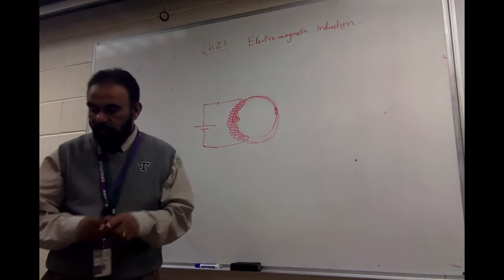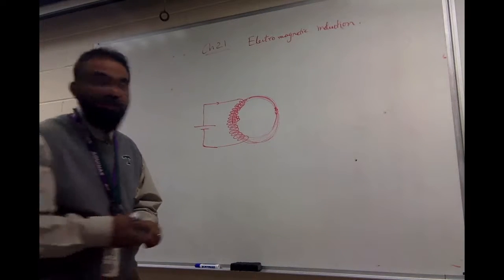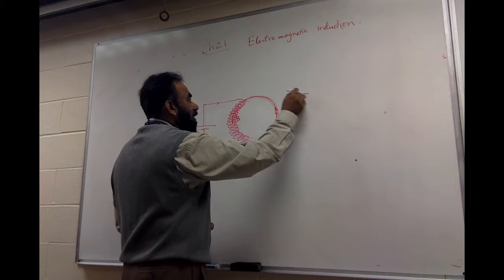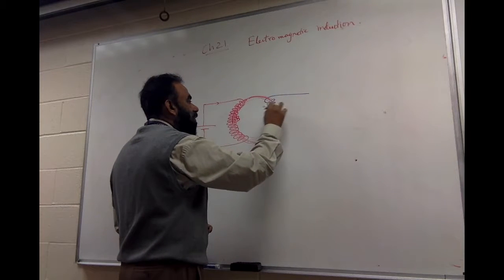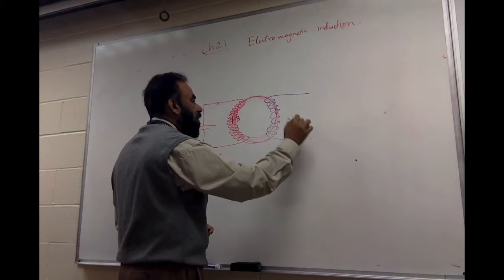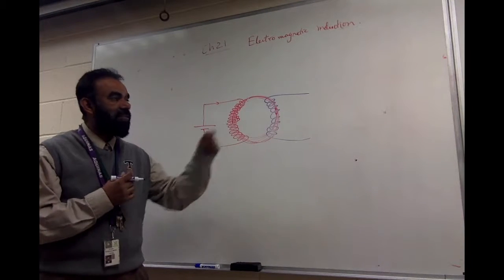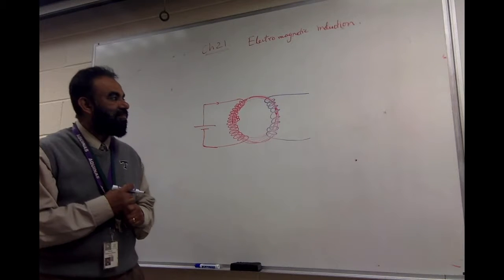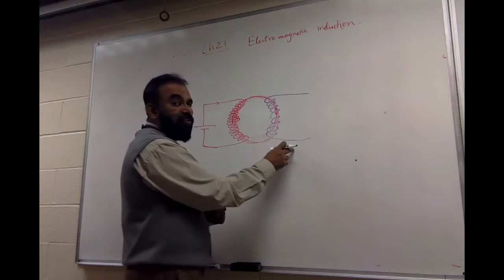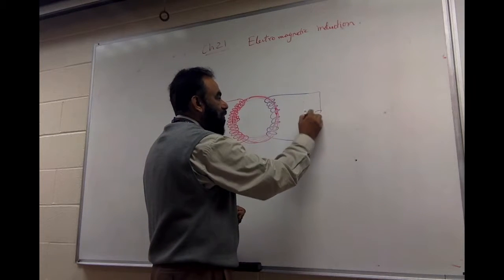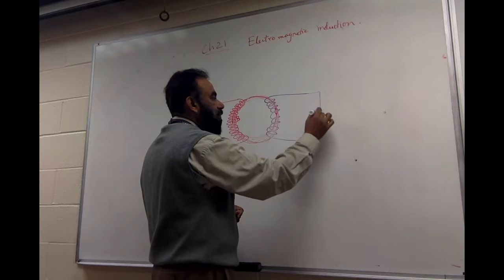And then what he did was, he took another wire and he wound it over it, like this. He didn't connect this to a battery, instead he connected it to a galvanometer.